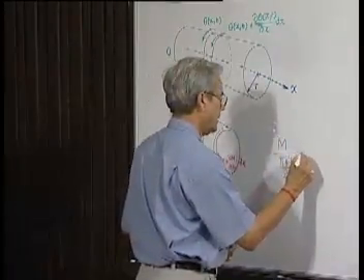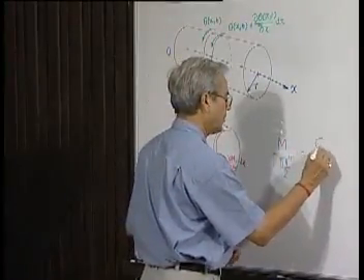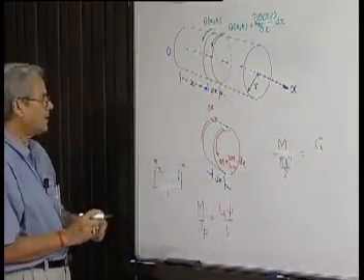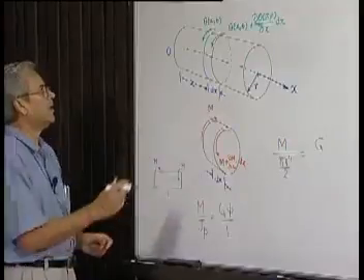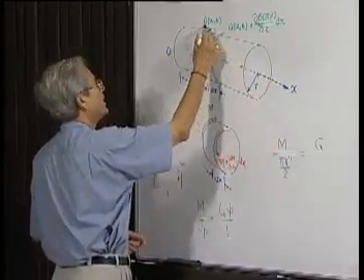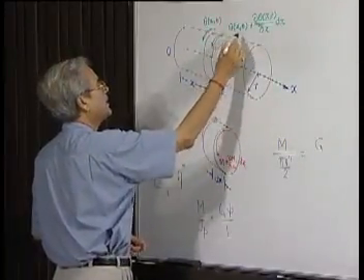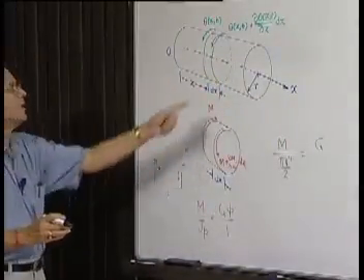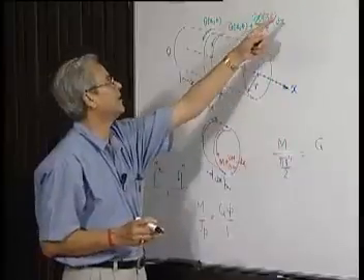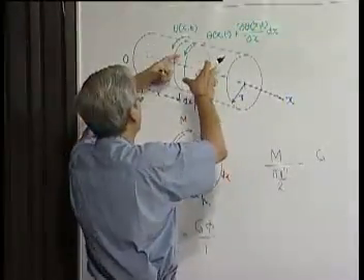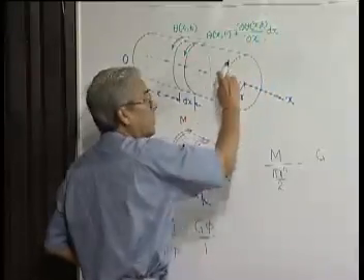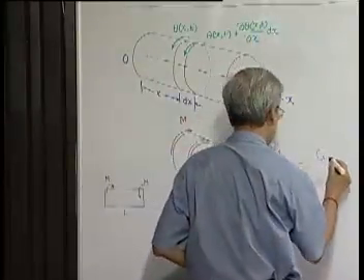G is the shear modulus. What is the amount of twist? Now, this end has moved by theta and this end has moved by theta plus something. So, the amount of twist of this elemental shaft is nothing but that extra something. Otherwise, it is having a rigid body rotation like theta and then an extra amount. So, this is the amount of twist, and that will take the place of phi.